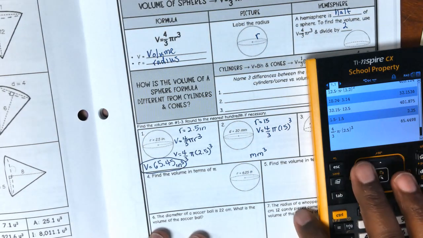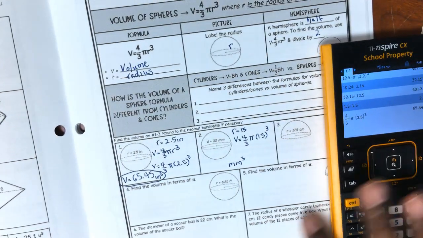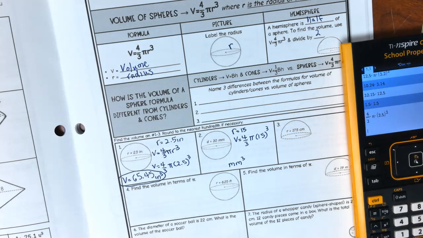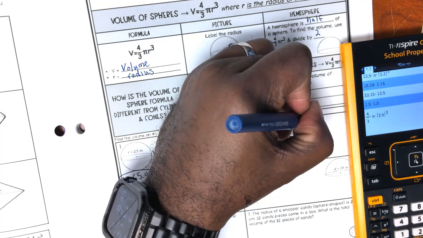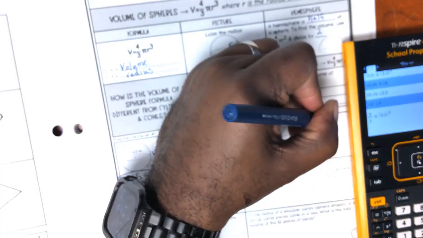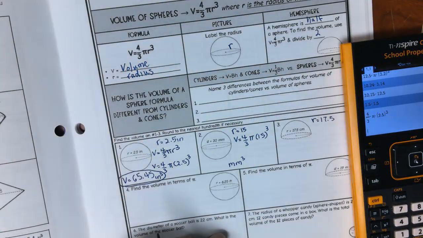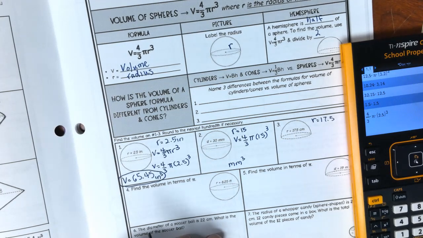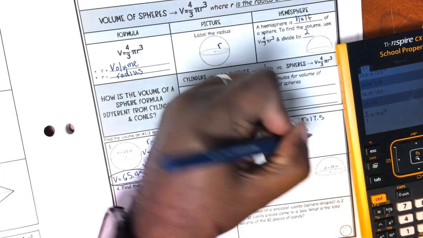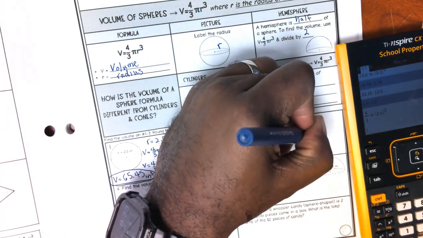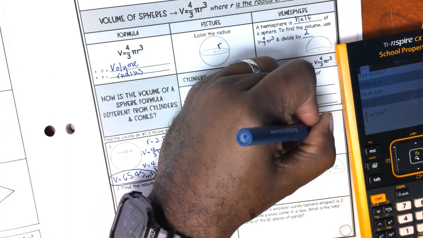Okay. But what I want to go to now is the hemisphere, because those are a little bit different, right? R is 17.5 centimeters. Okay, and this is a hemisphere. So we know that we have to use the volume formula, which is V equals 4/3 pi R cubed.